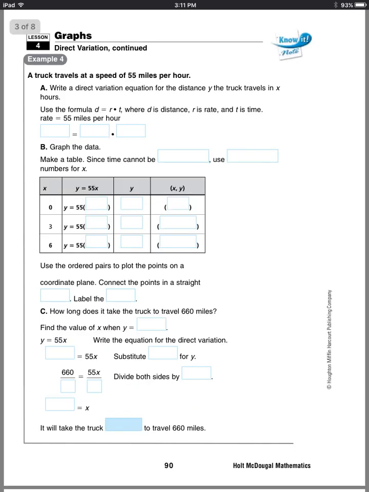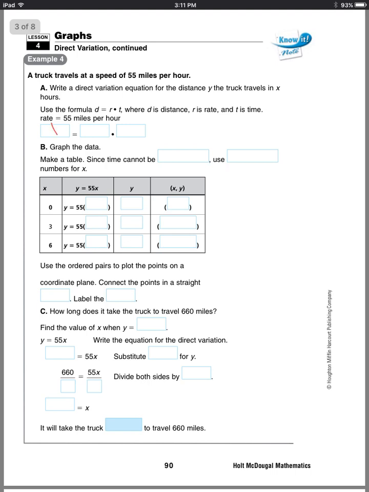Okay, a truck travels at a speed of 55 miles per hour. Write a direct variation equation for the distance y the truck travels in x hours. Use the formula d equals r times t, where d is distance, r is rate, and t is time. The rate is 55 miles per hour. So, we know what the rate is, we don't know what the distance or time is.